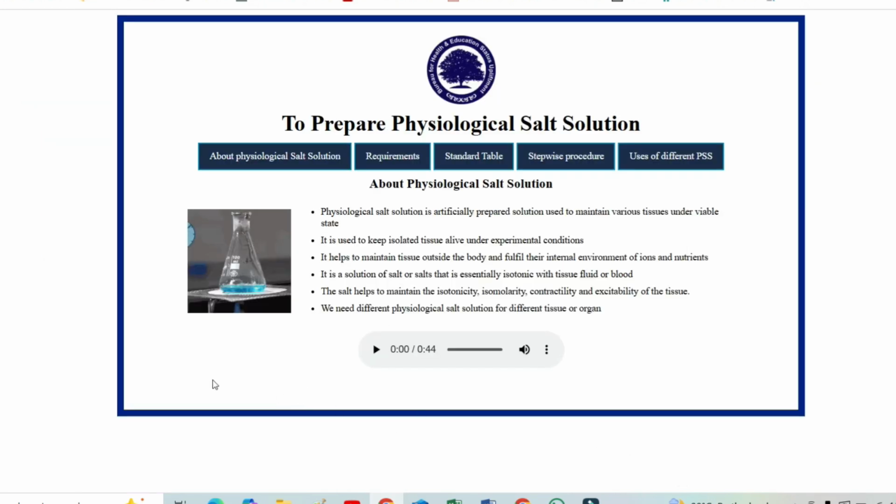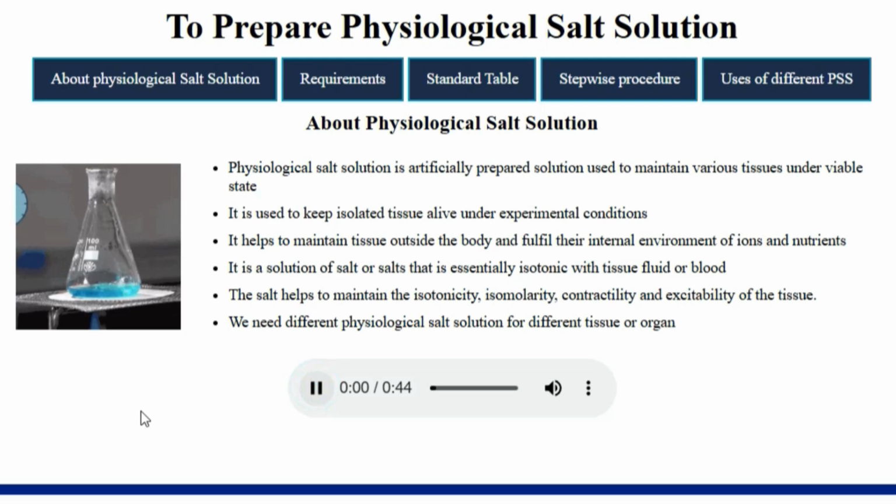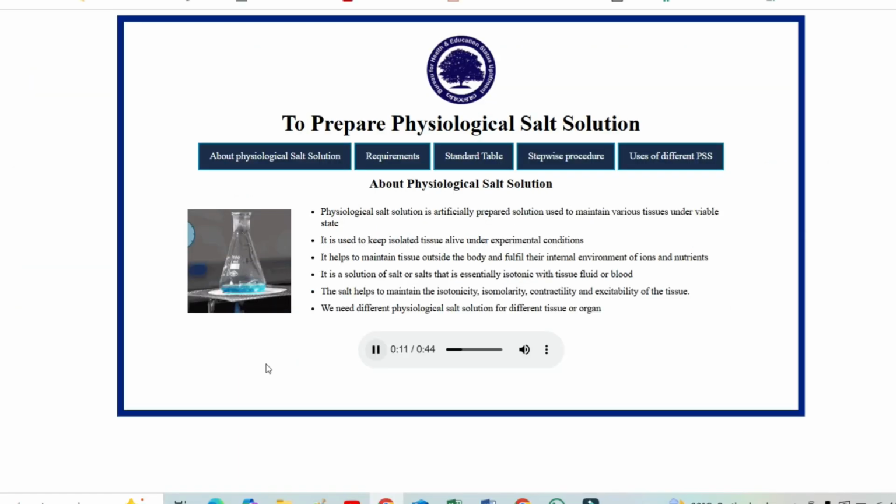Now here we will see first about the physiological salt solution by listening. I am clicking this. About physiological salt solution. Physiological salt solution is an artificially prepared solution used to maintain various tissues under viable state. It is used to keep isolated tissue alive under experimental conditions.